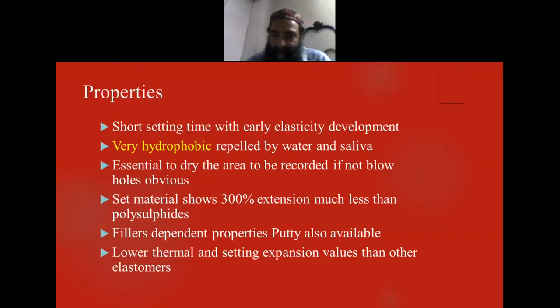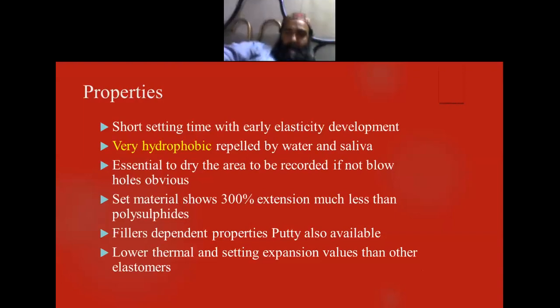Blowholes mean cavities in the impression. So if we do not isolate the water and saliva, or dry the area from where we are going to take the impression, then due to its hydrophobic nature, blowholes will be present in our impression.